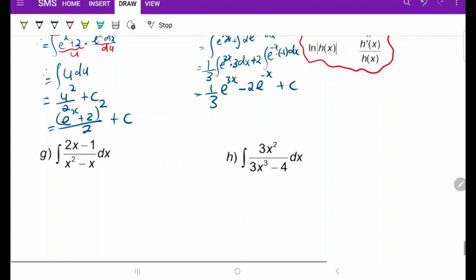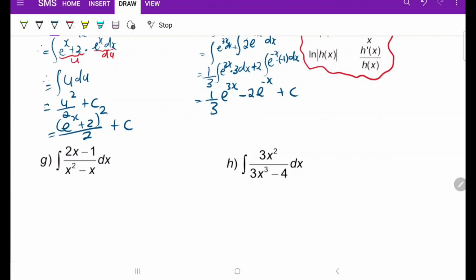Let's do 2 more integrals that we can work with. When coming to this one, if we have a denominator like that, we can see that there's a relationship: u is x squared minus x, and the derivative of u in this case will be 2x minus 1. It means that we can apply the rule that we have here.